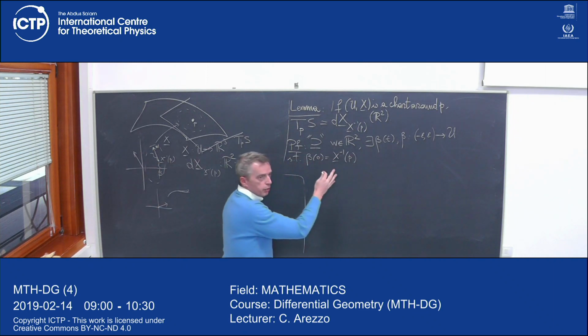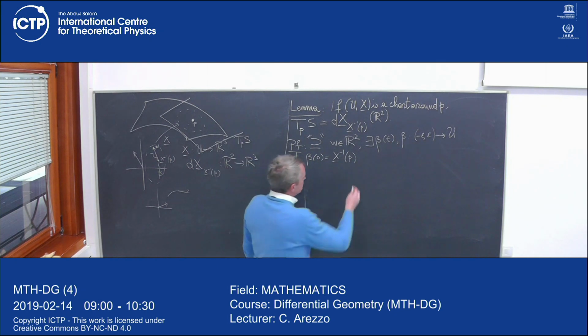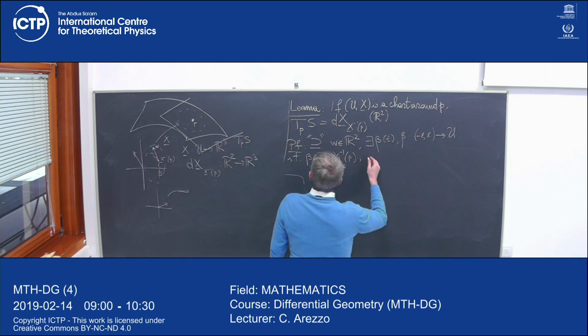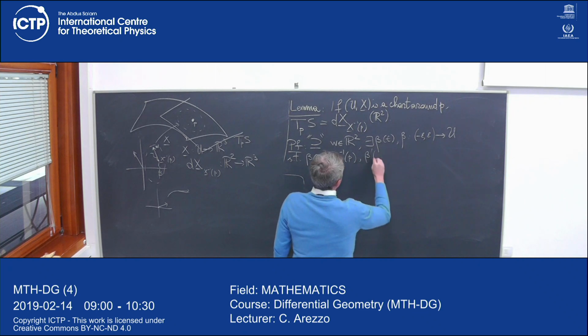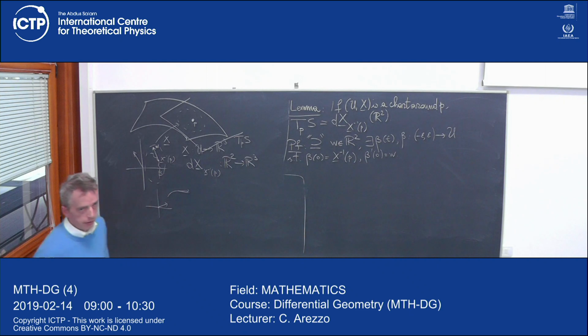Here, you see, I could even take the straight line, because this is a domain. Okay, I don't care, but in principle, I could even take the straight line. For sure this exists. Okay.